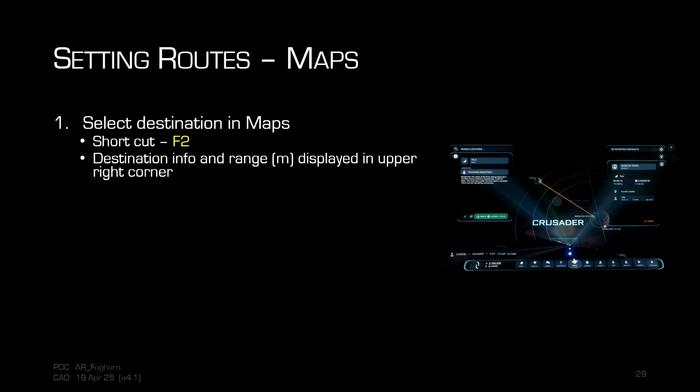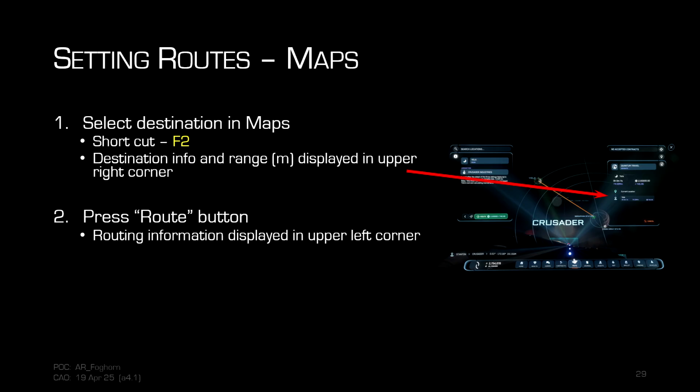When you click on where it is you want to go, it'll give you the destination info and range displayed in the upper right or left, I think it is. I think it's actually the upper left. And then when you set the route, you will get the entire nav block over on the right side.